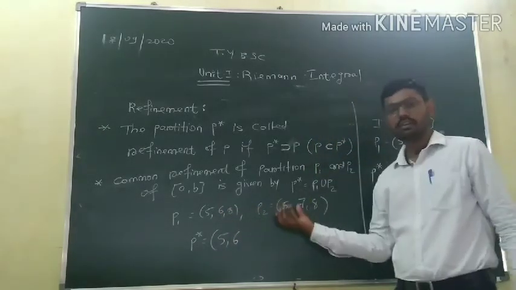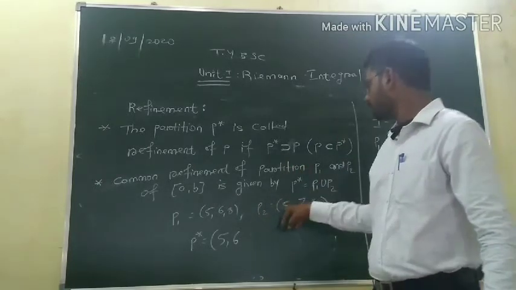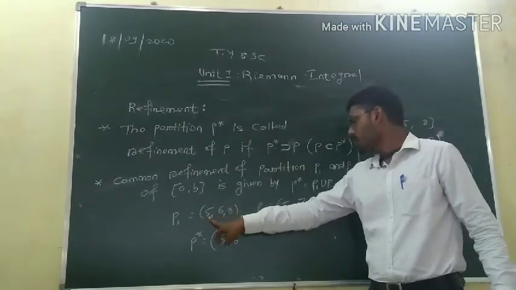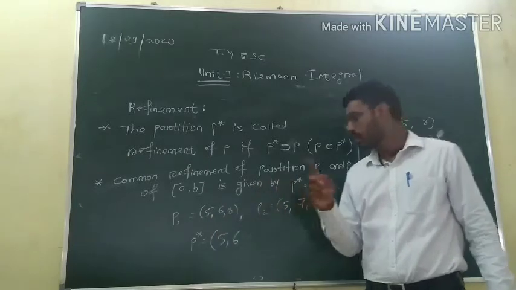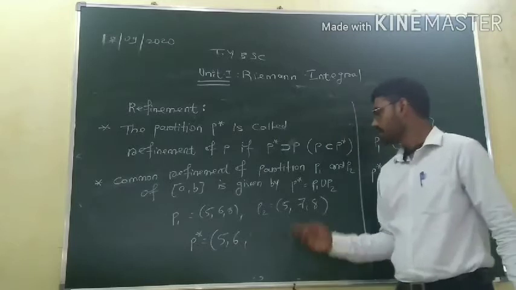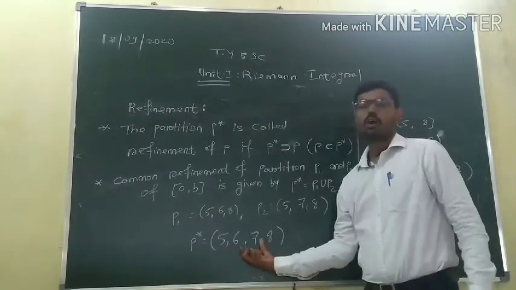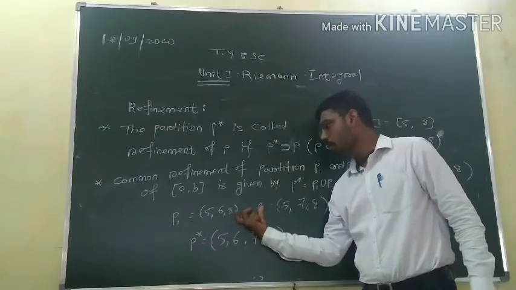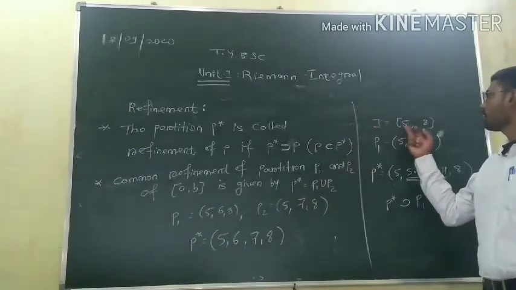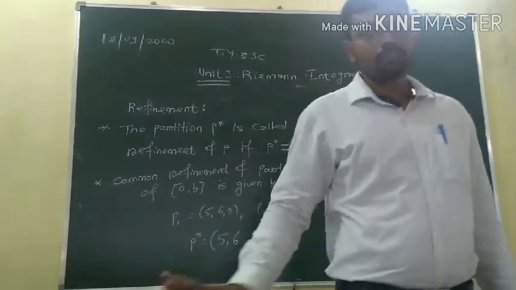Because we have taken the union, so add all the points, and the points which are repeated twice, take only one time. So 5, 6, then 7 and 8. This becomes the common refinement of these two partitions for the interval 5 to 8. So understand the concept of common refinement.